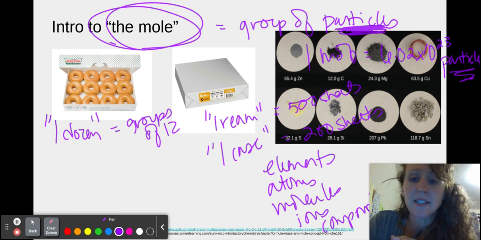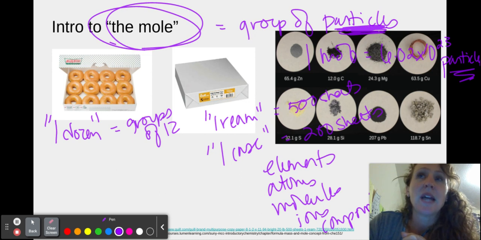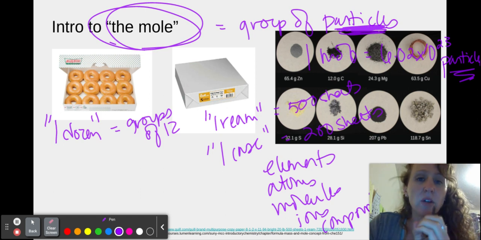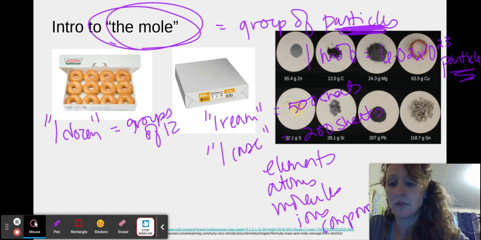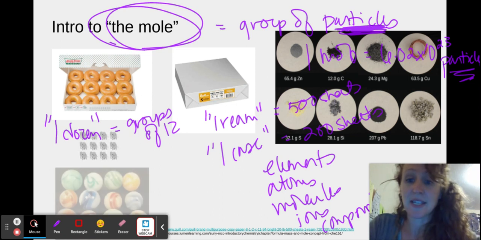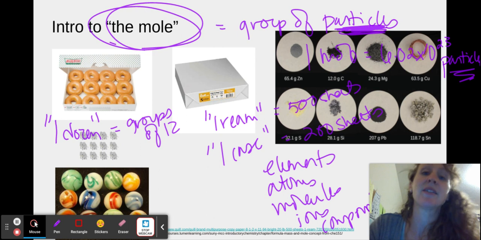If we go back to a dozen, I can have a dozen donuts. I can have a dozen bagels. I can have a dozen muffins. They don't always have to be the same thing, right? I can have a dozen elephants. I can have a dozen marbles. I can have a dozen of anything.